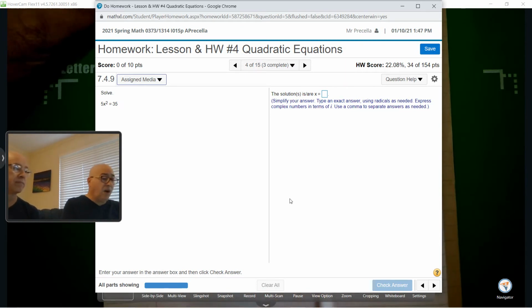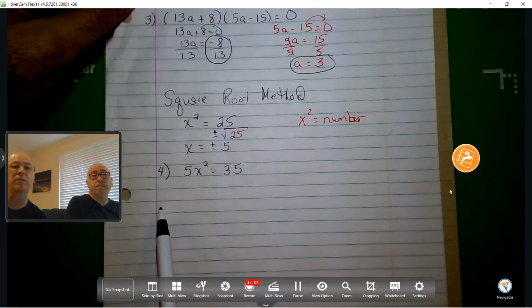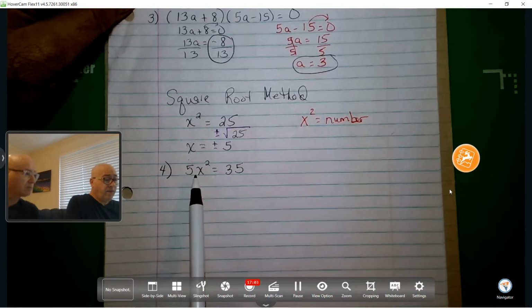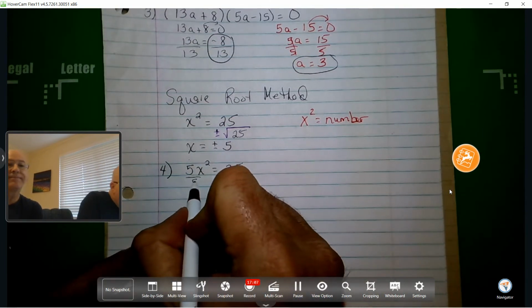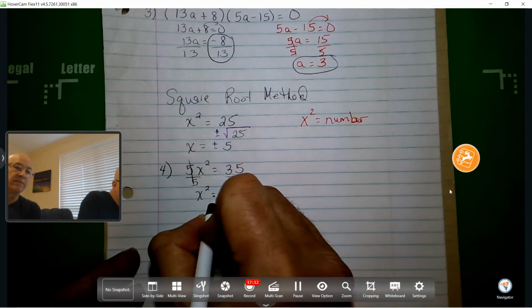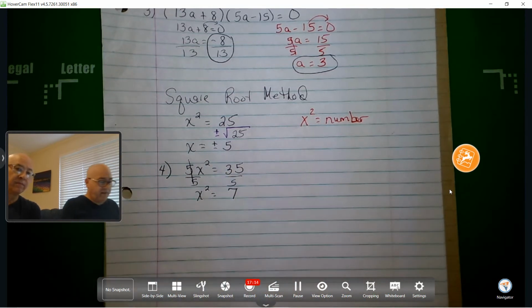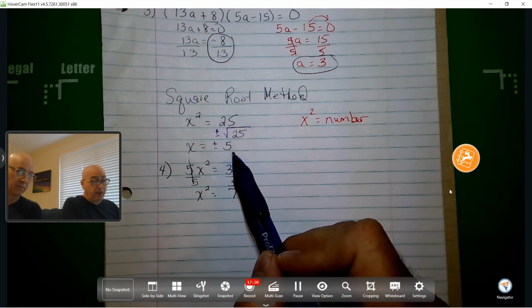Okay, well, it's not x squared equals a number, so let me switch over. We need to first get rid of this 5. We can do that by dividing both sides by 5, and when we do that, we have x squared equals 7. Well, 7 is not a perfect square, but we can still do what we did up here.